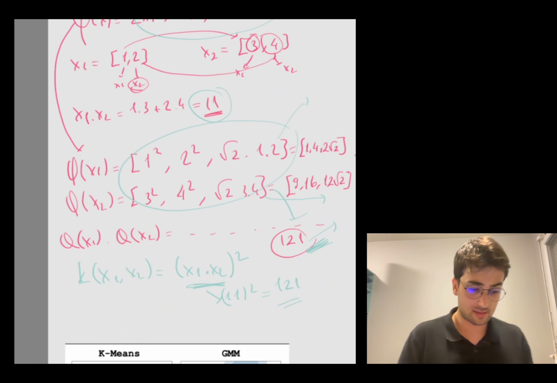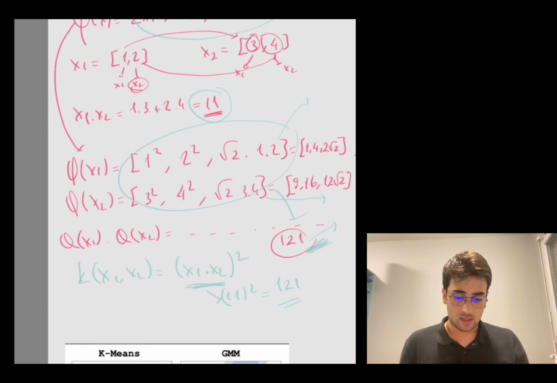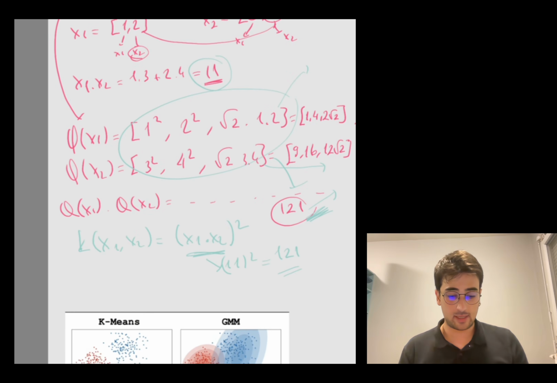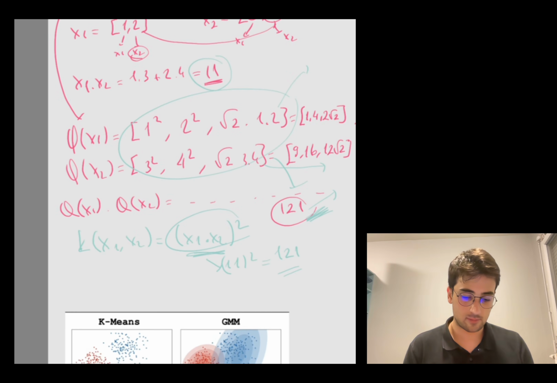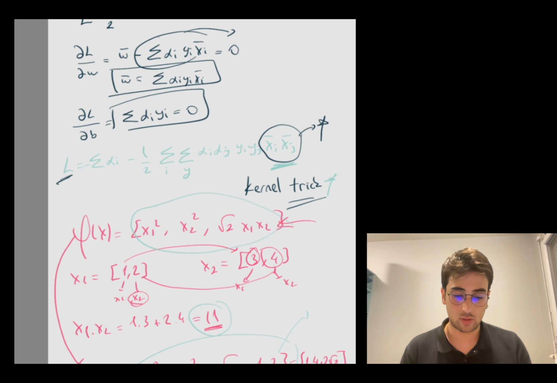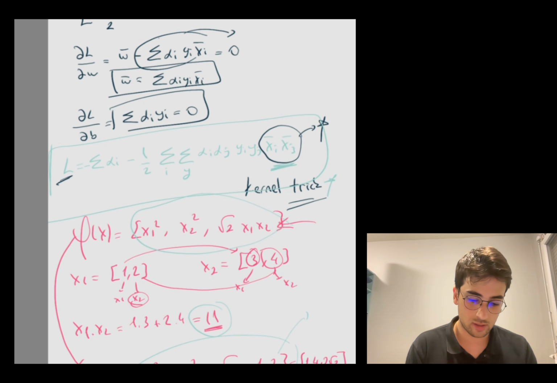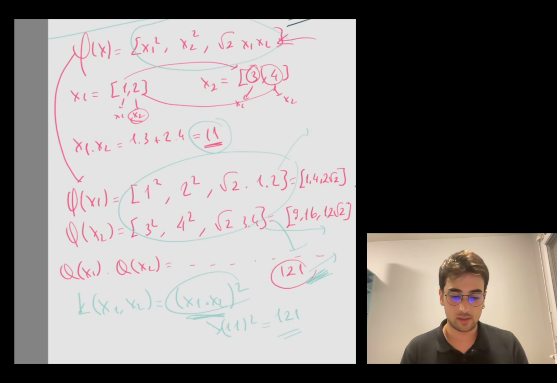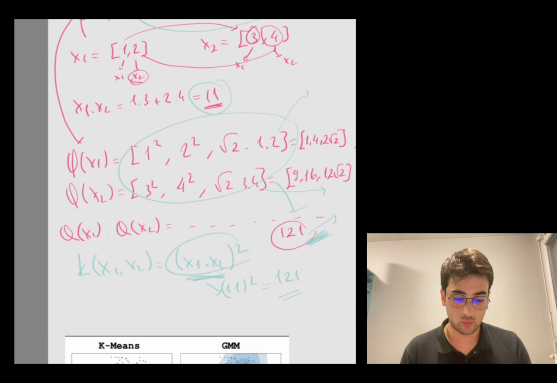Instead, more effectively, we have just a kernel function, a polynomial kernel. Since you only care about the dot products, you can just take their dot product with a polynomial kernel and then square it, and you have the same results.